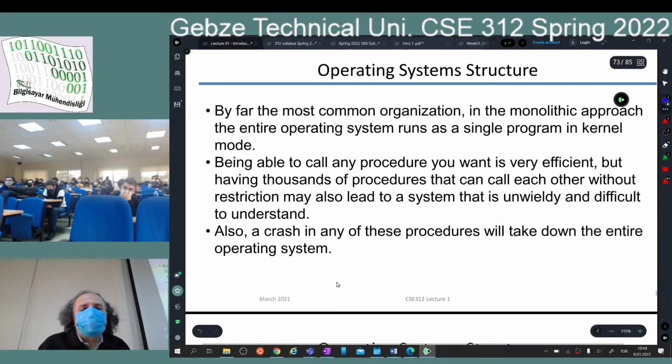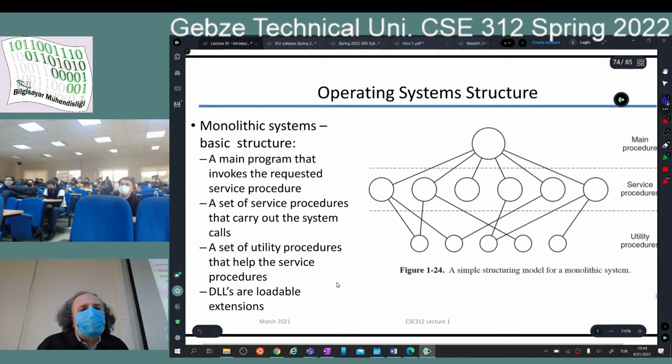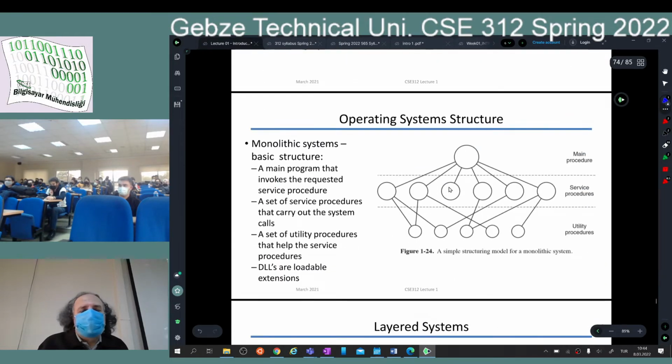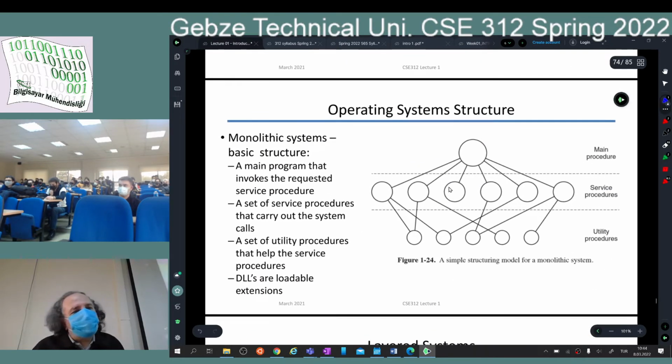But these are the types of operating systems, and unfortunately, the most common structure for the operating system is not much structure. We call these monolithic systems.